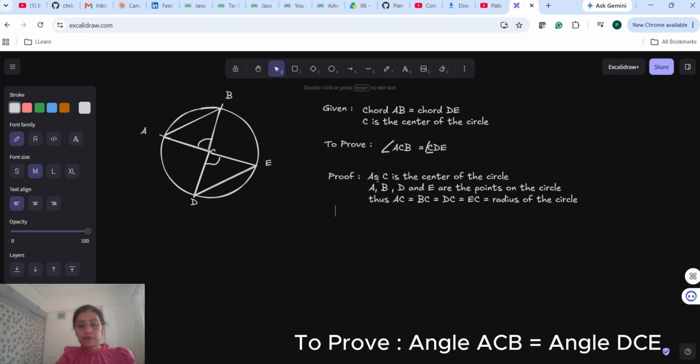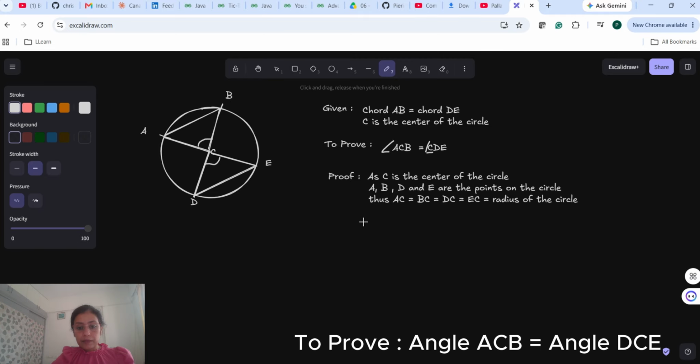This is something which we know from what has been given to us. Now, if we start putting together, we see that ABC is forming a triangle, CDE is forming a triangle. So we have two triangles here.